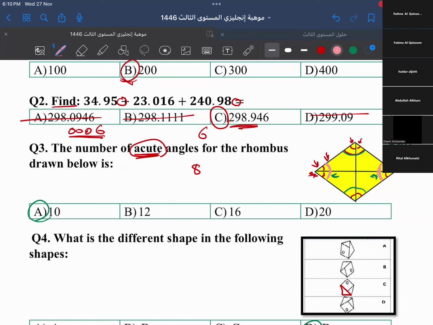But the other 2 are going to be obtuse, because it's not logical for all the angles to be acute. So 2 are acute, 2 are obtuse. So it's going to be plus 2, so it's going to equal 10.